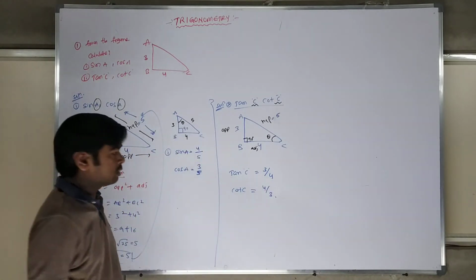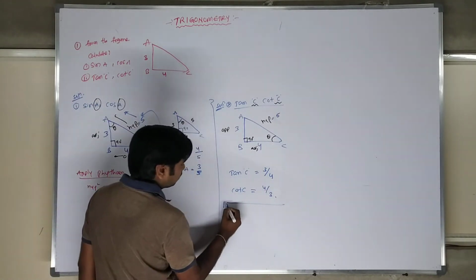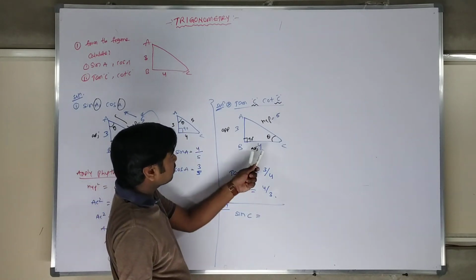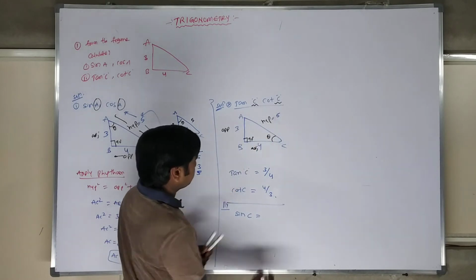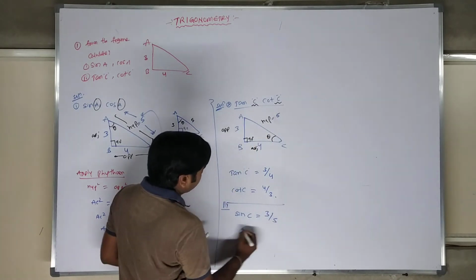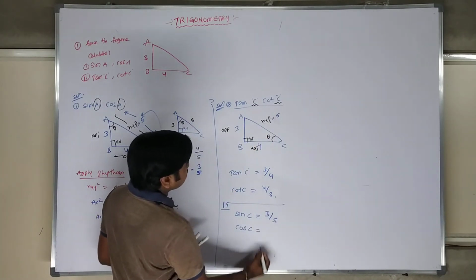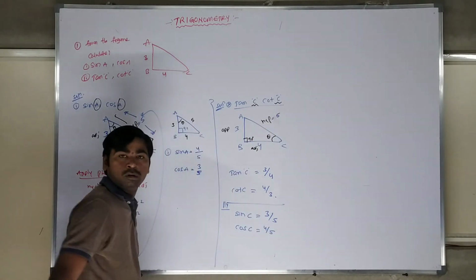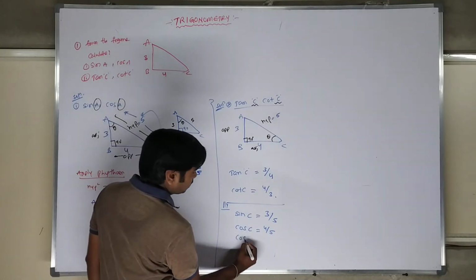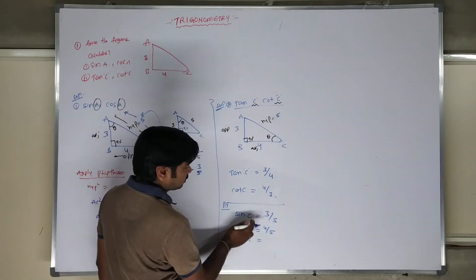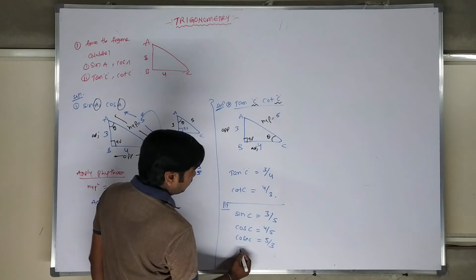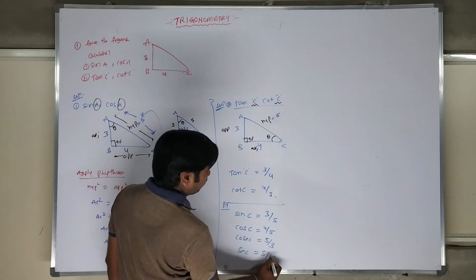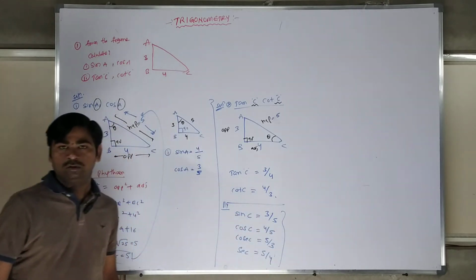Similarly, if you want, sin C means opposite by hypotenuse, 3 by 5. Cos C means adjacent by hypotenuse, 4 by 5. Clear? You can also write cosecant C, which is the inverse of sin C, 5 by 3. Secant C is the reciprocal of cos C, 5 by 4. This is the way you can write it down.